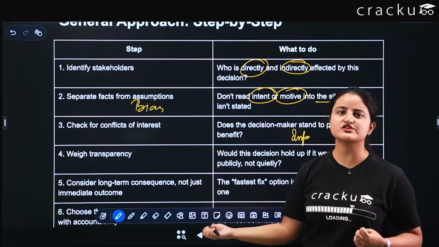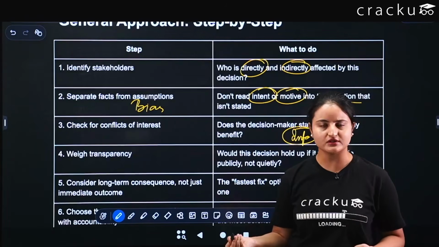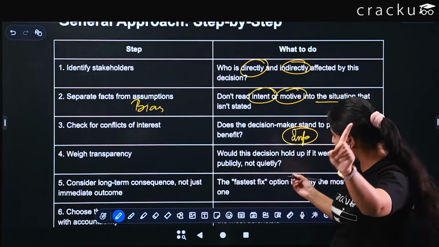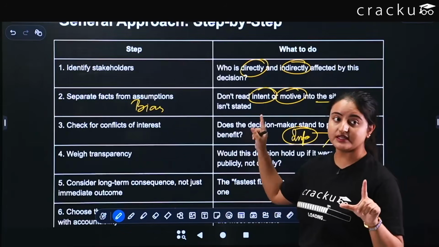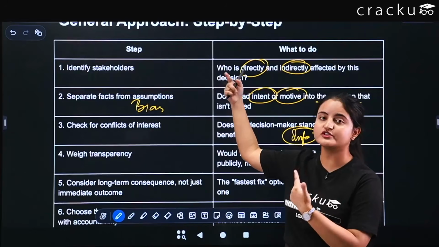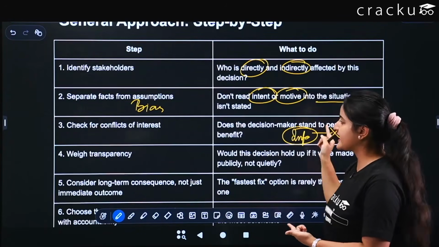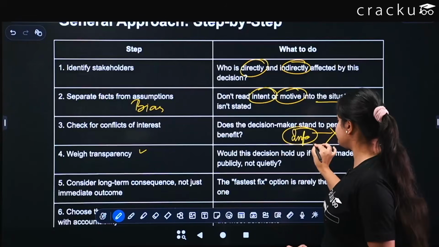Why make the situation complicated? Let's not divulge this information. Let's not disclose it. Wrong. Because that's not transparent. And even in your instructions for syllabus, which are being given by the official SNAP authorities, they have said that transparency is very important. Okay.